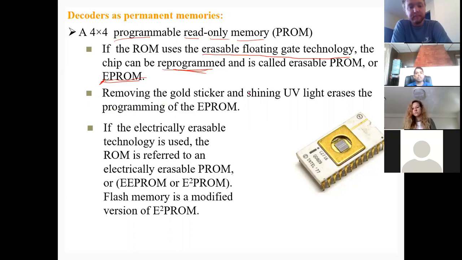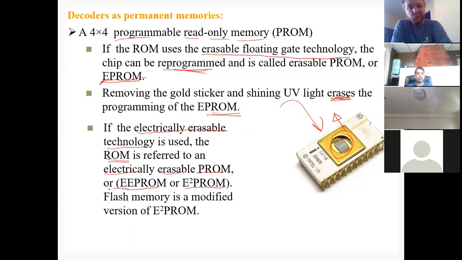Removing the gold sticker and shining UV light erases the memory. See, there is a gold sticker here. Remove it and shine the UV light. This is an old technique, but nowadays we use electrically erasable. We can erase electrically, and that kind of ROM is referred to as electrically erasable PROM, or EEPROM, or in short, E squared PROM.